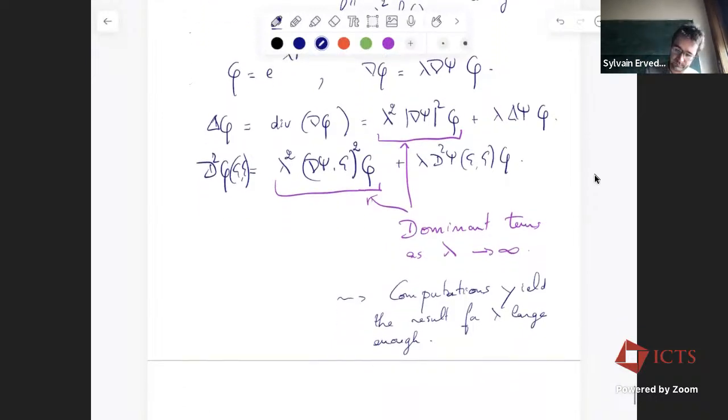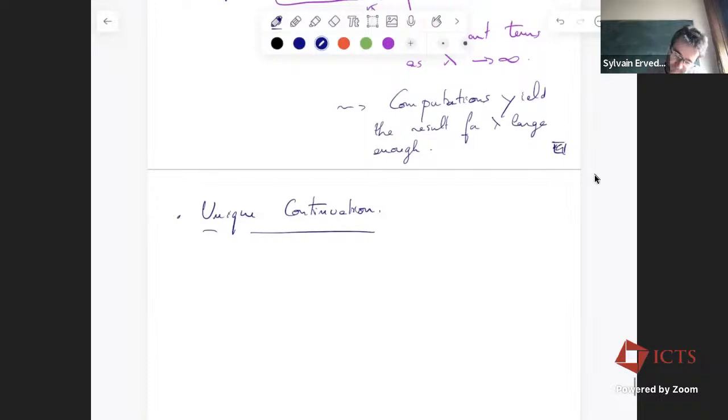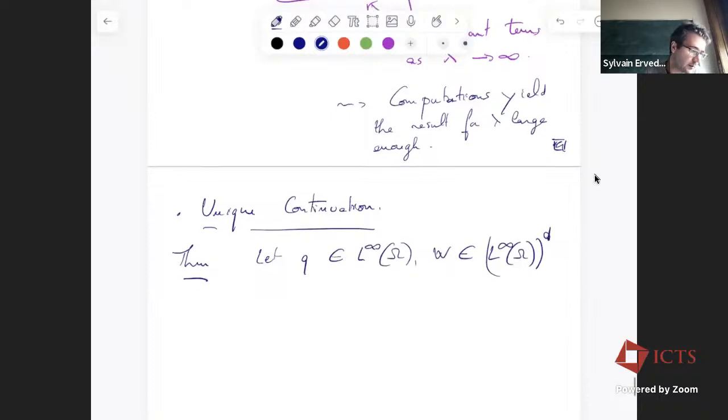Just to finish the result today, I want to give one application to unique continuation. It's a theorem. We take Q in L infinity of omega. We take a vector field W in L infinity of omega to the power d.